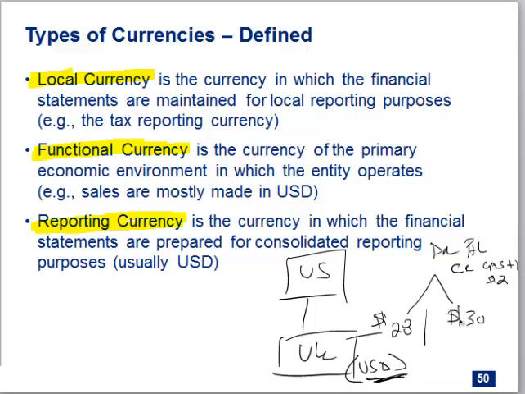And the reason that became relevant is because the local currency was different than the functional currency. And so out of that came something you had to deal with and you need to book an effect for.